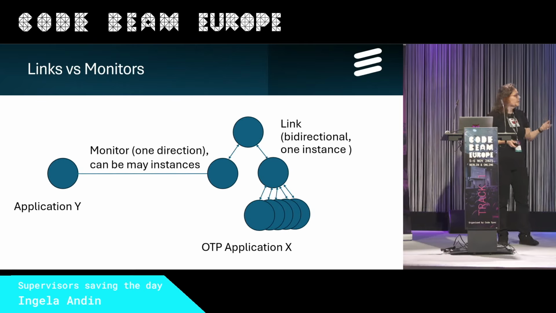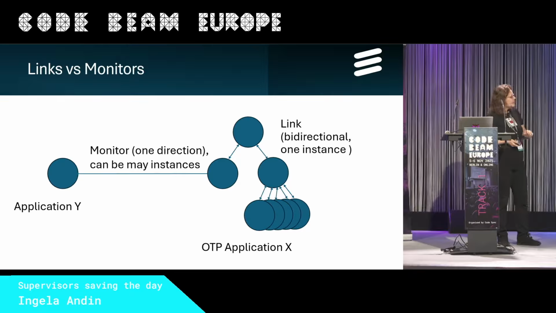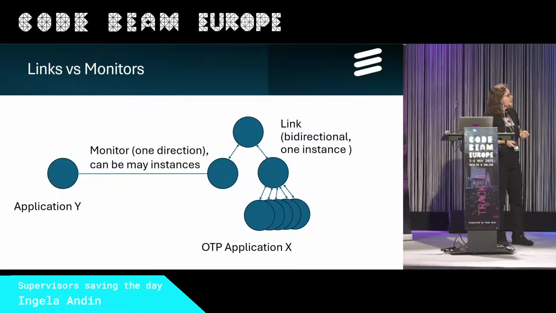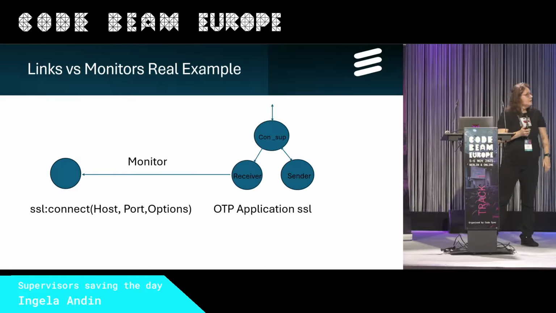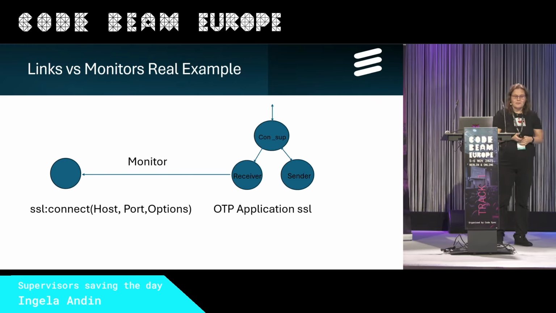So if you need to keep track of a process outside of your OTP application, you should use a monitor that is one-directional, and you can have many of them. And this could be another OTP application, or it could be a loose Erlang process. We have no control over that. And the real example of this comes from the OTP SSL application.